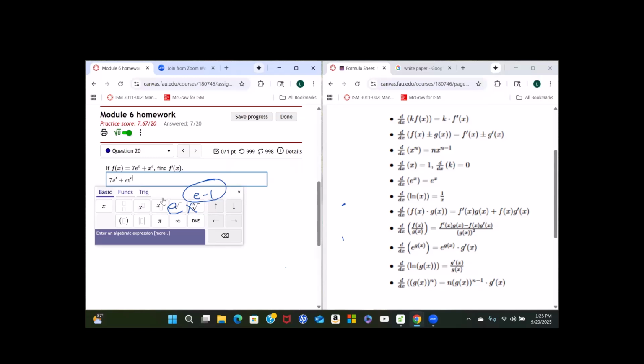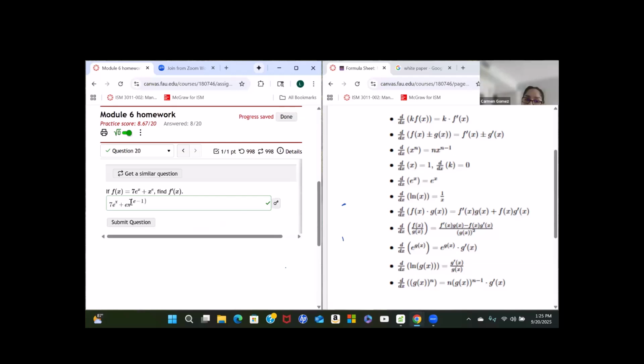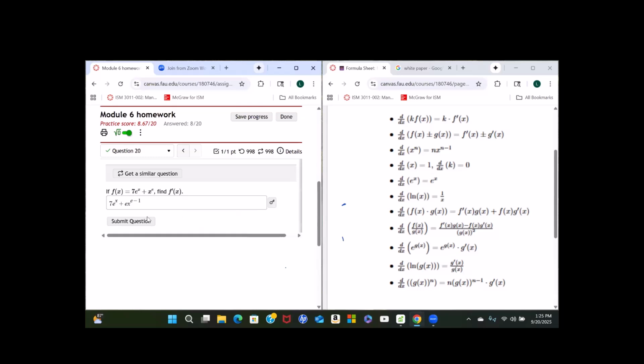Yesterday I was having troubles putting in the e minus 1. You have to put parentheses around that e minus 1, I think. I did 1 and then e minus 1 without parentheses.